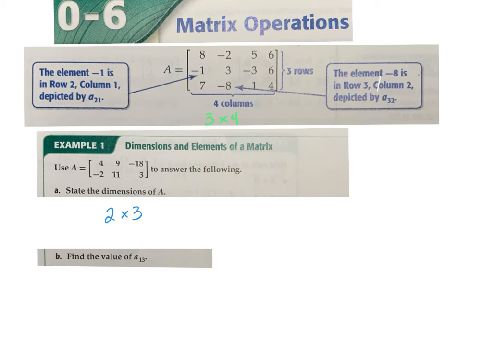Now it says, find the value for a13. So we have to go to which row and which column? Row 1, that's this. Which column? 3. So what is the element that's in row 1, column 3? -18. There we go. Questions on just the terminology of matrices?